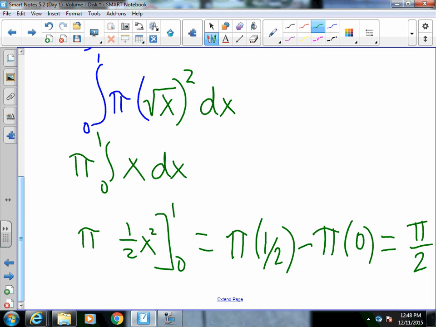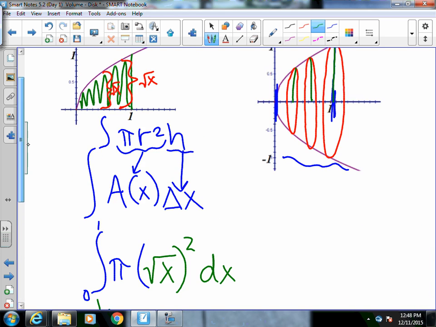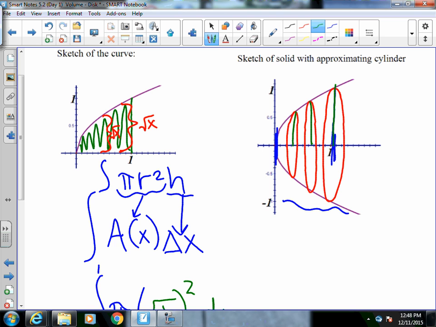So know that when your region touches the item it's rotating around, slices of that will be a cylinder. We're going to run into some later this section that are slightly different, but slices of these are going to be a cylinder. Let's try another one.